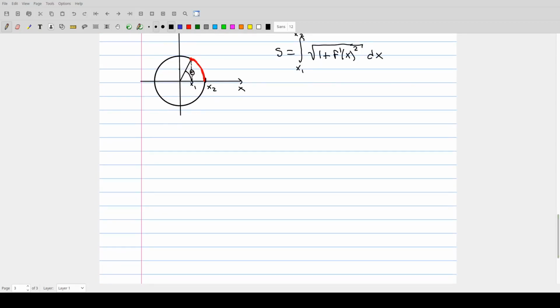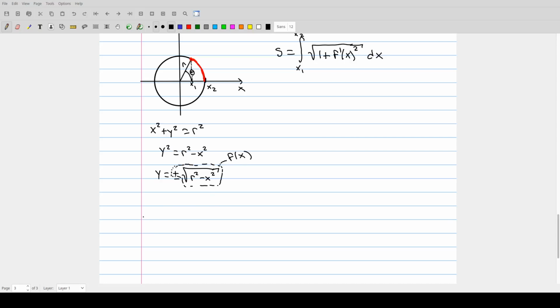The equation of a circle of radius r is x squared plus y squared equals r squared. So y squared is equal to r squared minus x squared, and so y is equal to plus or minus the square root of r squared minus x squared for all points x and y on the circle. Now we're only interested in the top half of the circle, so that's the positive part of this solution right here, and this is our f of x for this problem.